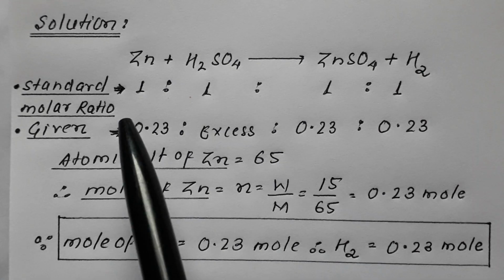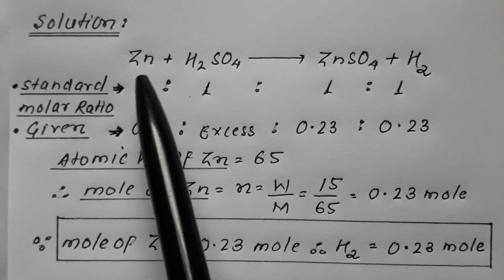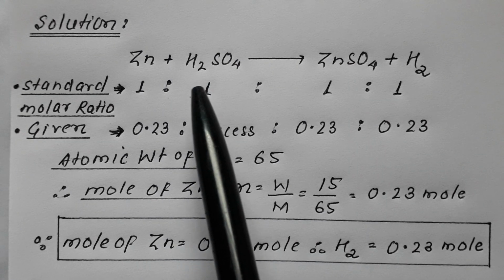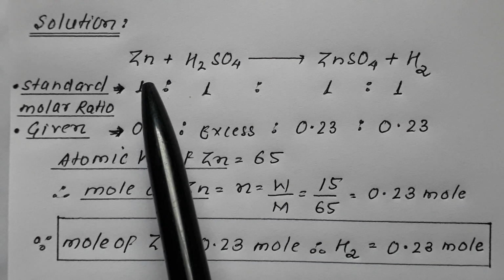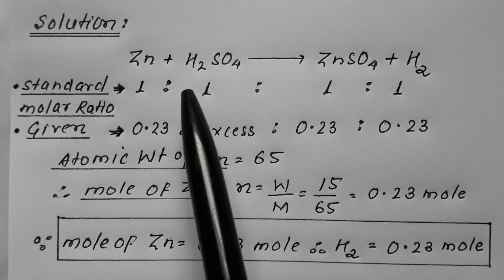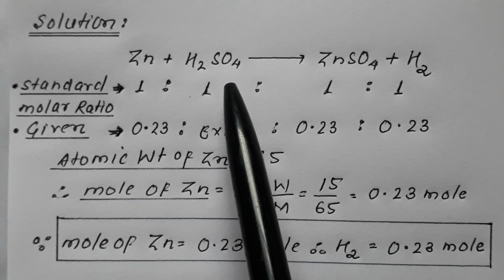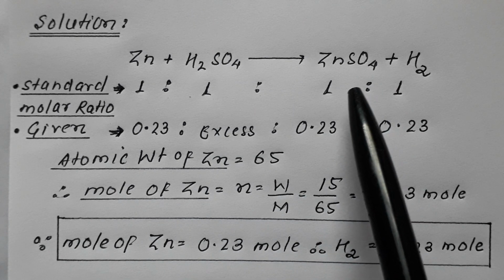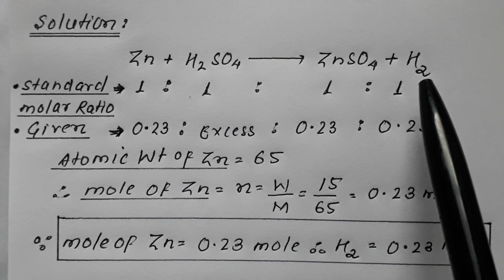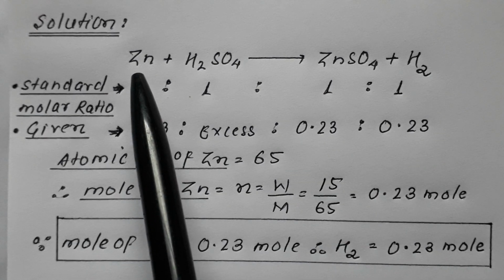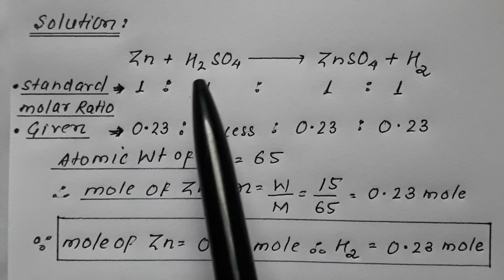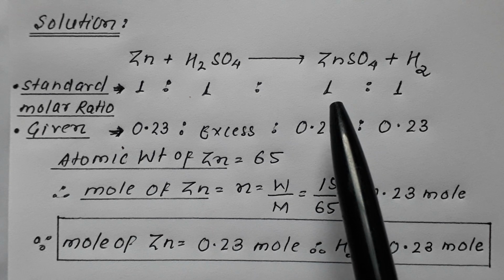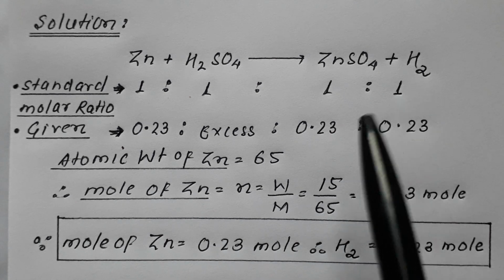If I write the chemical equation, zinc metal reacts with sulfuric acid: 1 atom of zinc reacts with 1 molecule of H2SO4, resulting in the formation of ZnSO4, releasing 1 molecule of hydrogen.